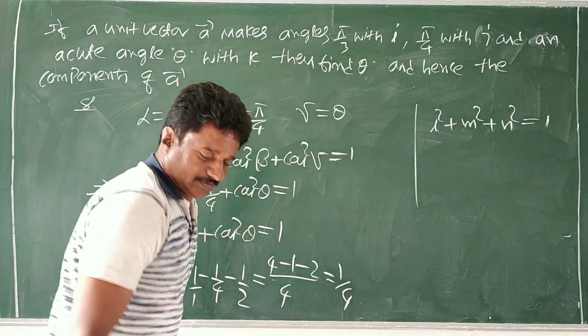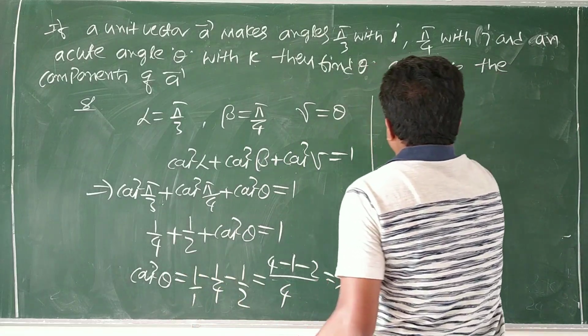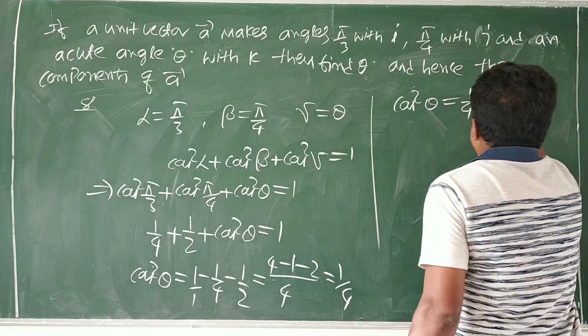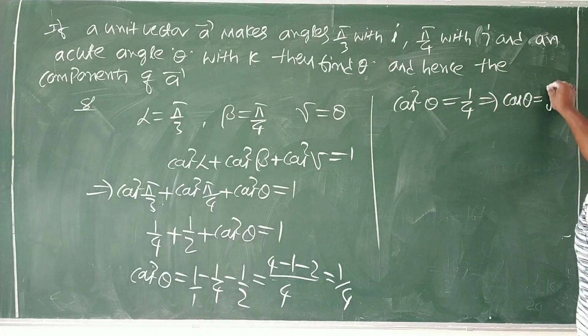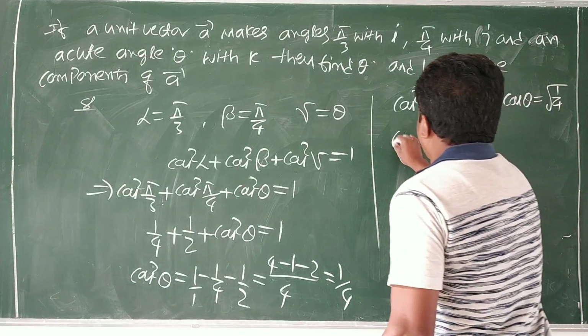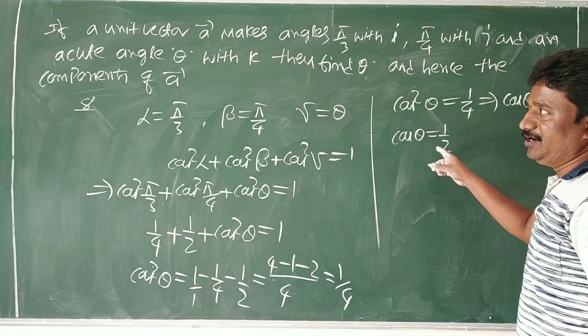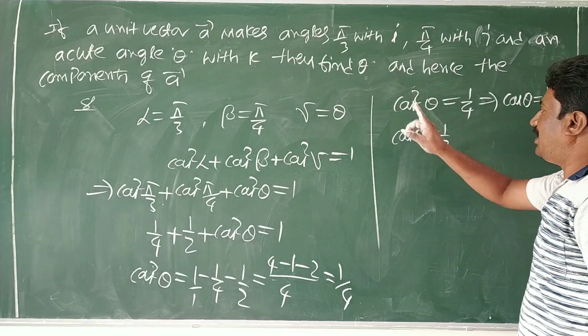So now cos square theta is equal to 1 by 4. That implies cos theta is equal to root of 1 by 4, which is 1 by 2. An acute angle is required, so don't go for using minus.